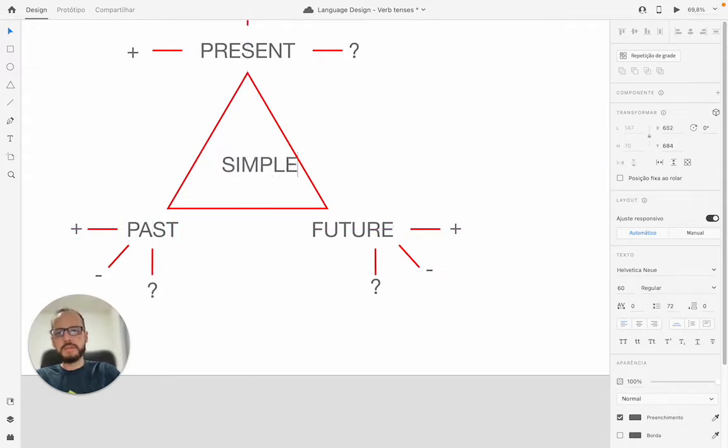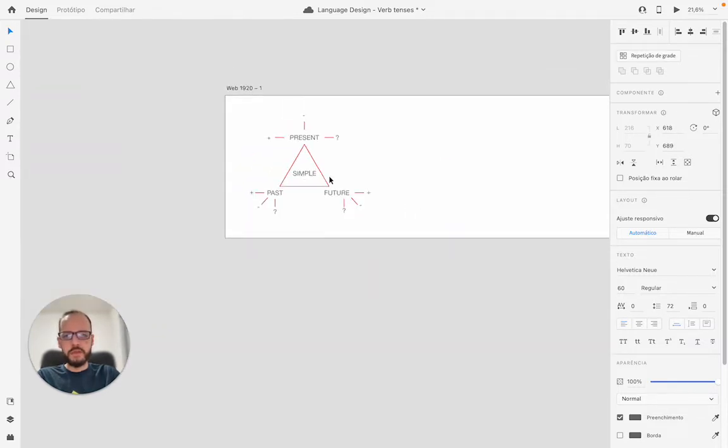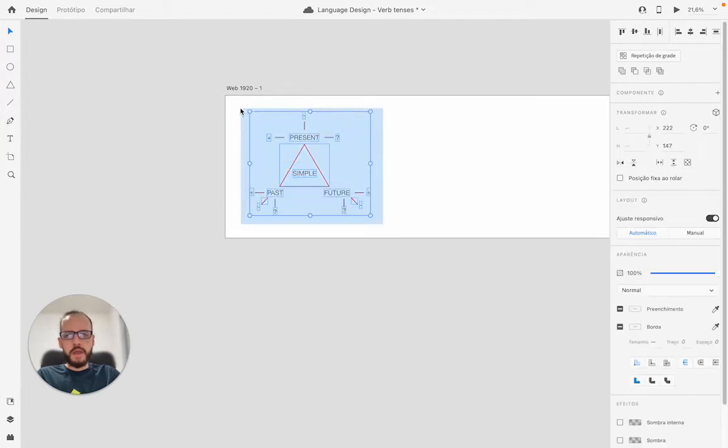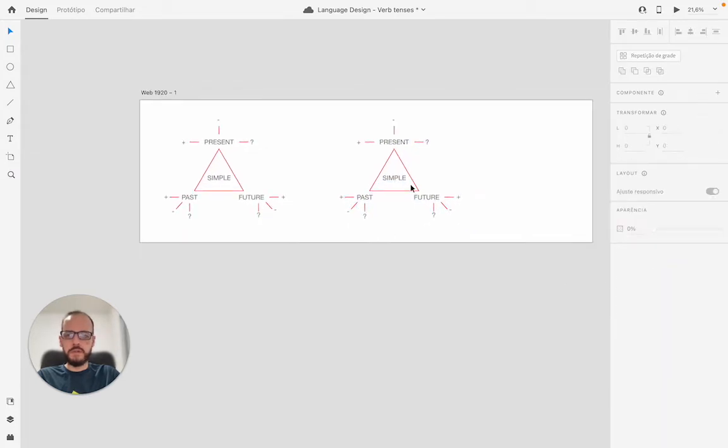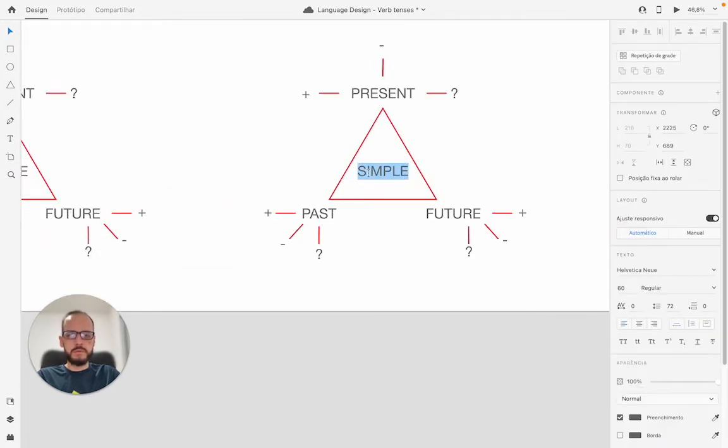That means that we have a simple present, a simple past, and a simple future. And we also have a verb that works differently from the other verbs, which we call be, or to be. I'm going to put here to be.